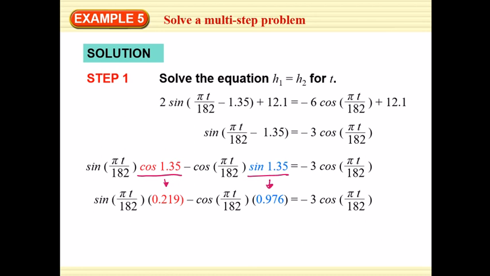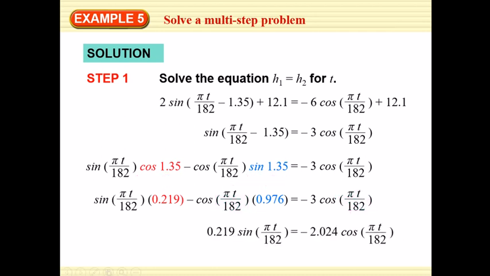So then in our next step, I would go ahead and combine my like terms. So I'm going to add this entire cosine value over to the other side to combine with this cosine, since the angle measurements are the exact same. If the angles weren't the exact same, I wouldn't be able to do this.